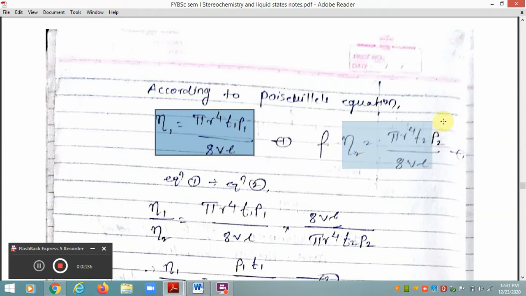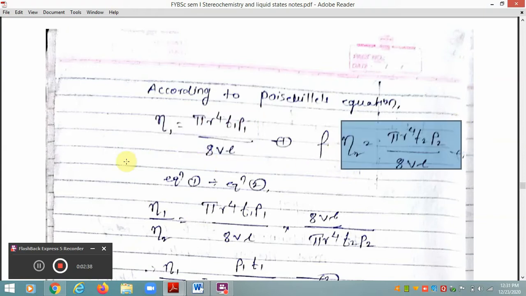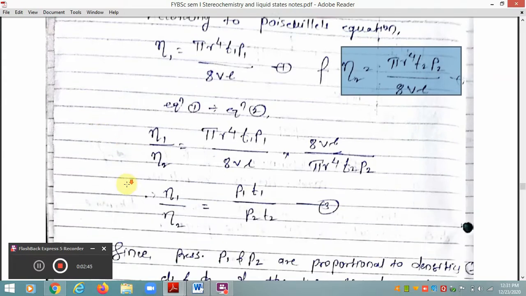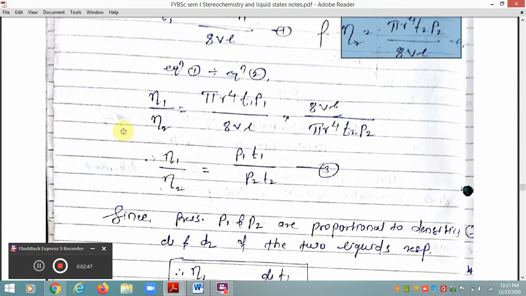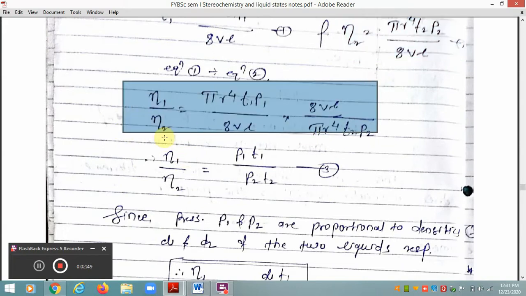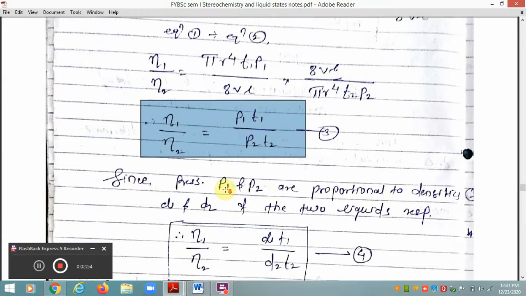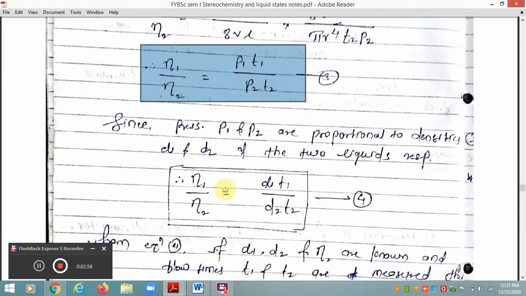And for the other liquid, we will write the same equation. Here V, L and R will be the same because we are using the same capillary, the same Ostwald viscometer. If we divide equation 1 by equation 2, we get eta 1 upon eta 2 is equal to P1 into T1 divided by P2 into T2.